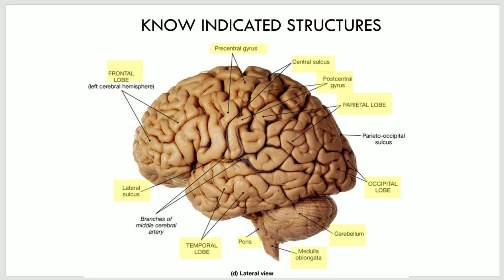Some grooves dead end to nowhere. So if you think that you're looking at the central sulcus, but it's not actually leading to another groove, you know that it's not the central sulcus, because the central sulcus goes all the way down and connects with the lateral sulcus. Anytime you see sulcus, again, that's a groove.